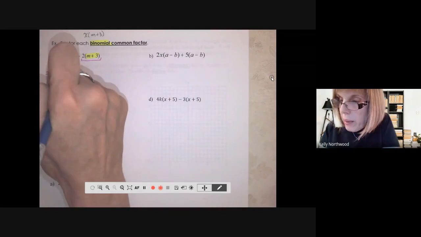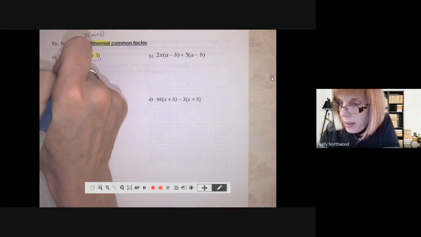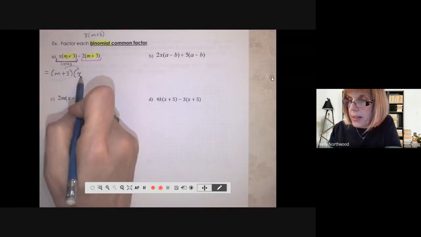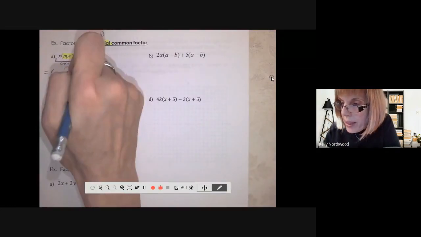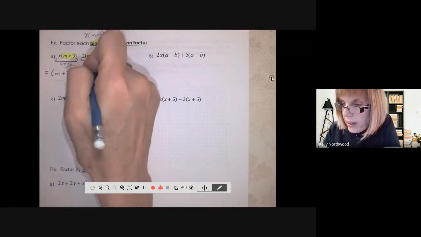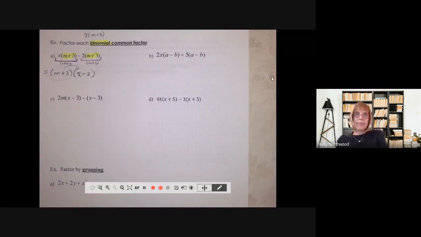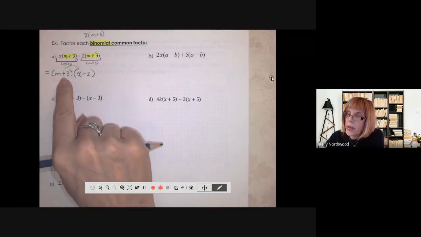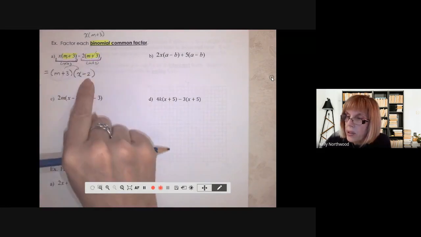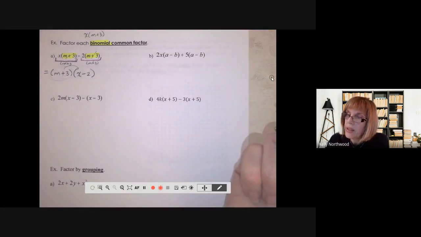If I don't know what I multiply m plus 3 by to get this part, I could think about dividing this big chunk by m plus 3, and those m plus 3s would cancel out, leaving me with just x. And then same thing here, if I mentally divide this big chunk by m plus 3, they cancel out and just give me -2. So really, I always think of this question as the binomial common factor is the common factor, and I call x and -2 the leftovers. The leftovers form the other bracket, and that's it, fully factored.